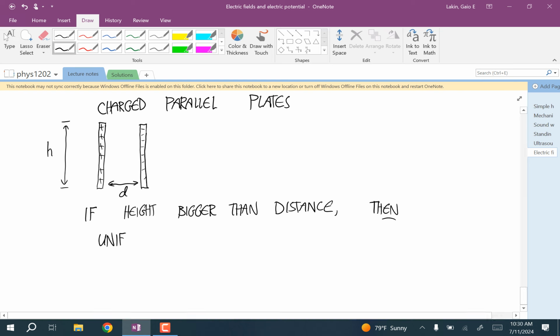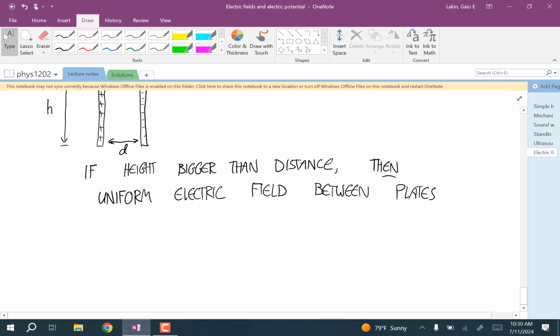Which means everywhere between the two plates, the electric field is the same. And it always goes from the positively charged plate to the negatively charged plate, so that's the direction.